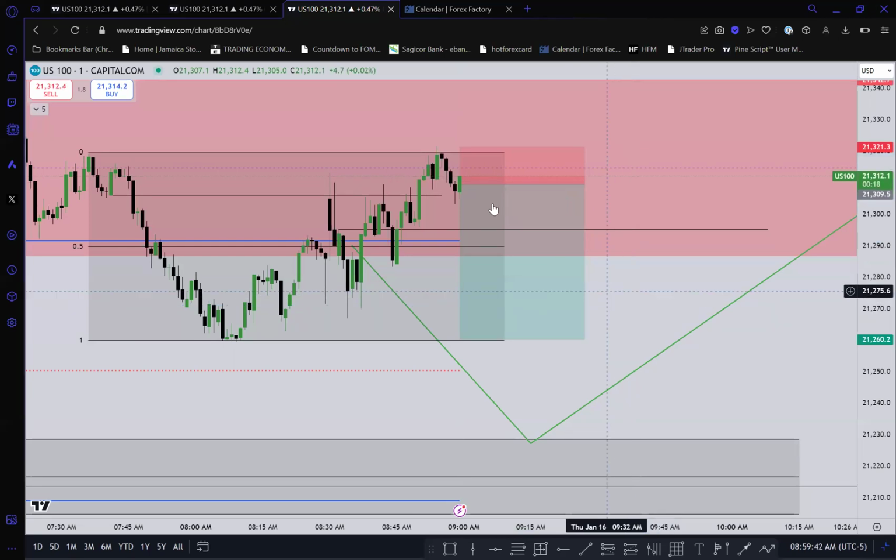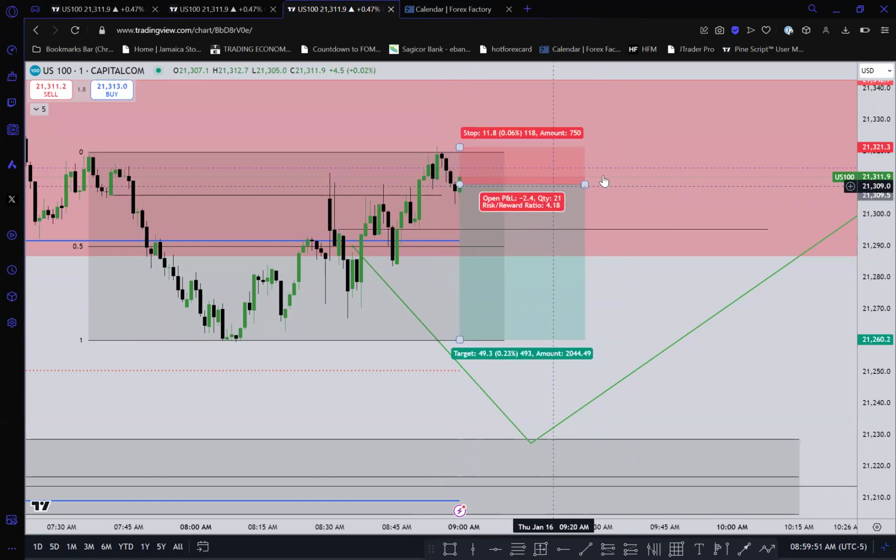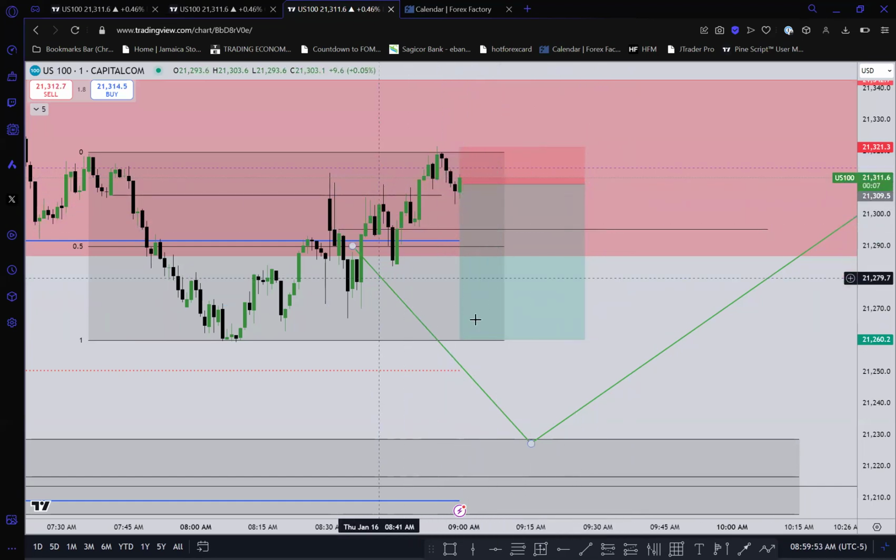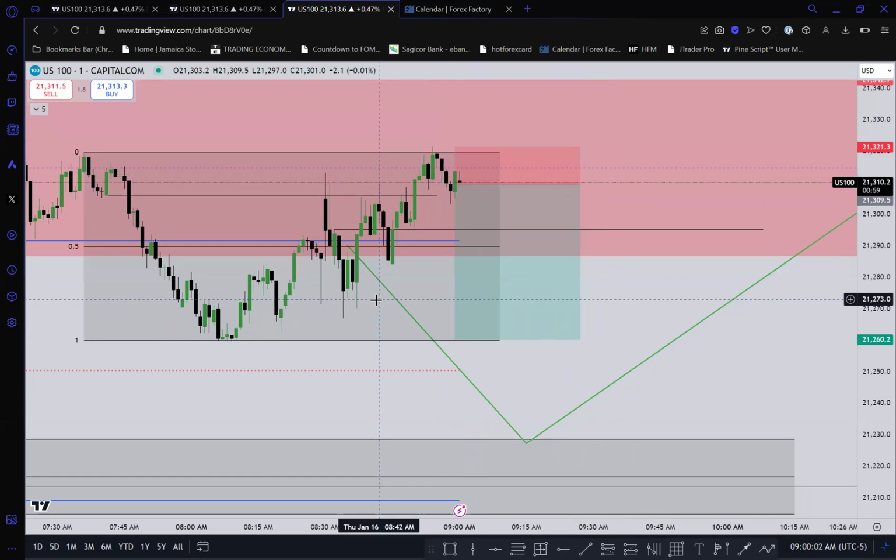Inside, right there. New H1 candle coming out in 1 second. Okay.